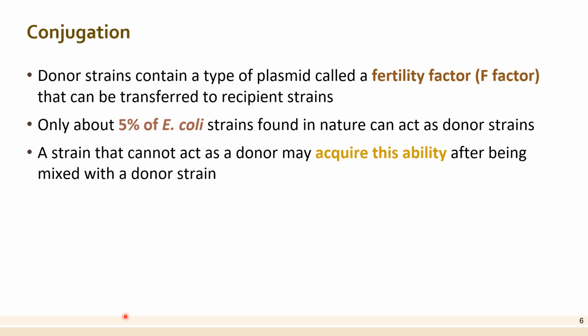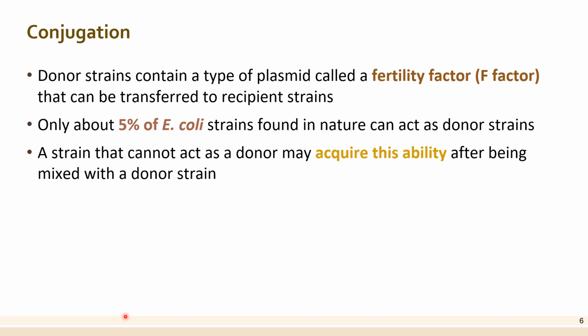If a strain does not have that fertility factor, it can acquire it. This would happen if that fertility factor is transferred through the pilus from one bacteria to another. In some cases, that fertility factor can be integrated into the genome as well.